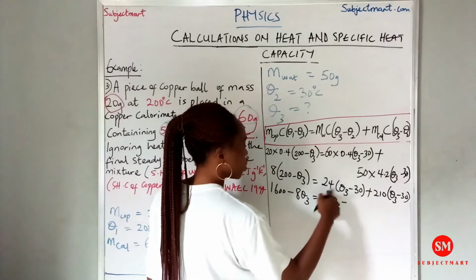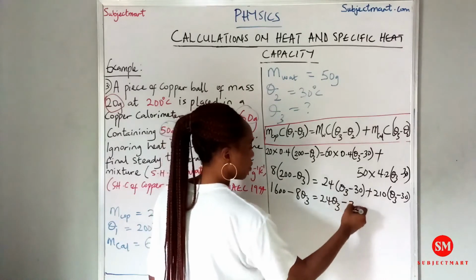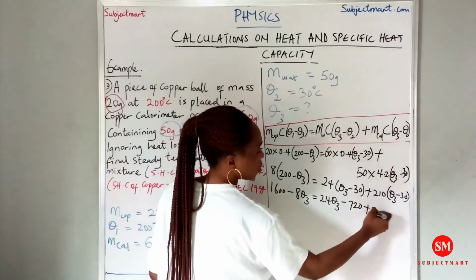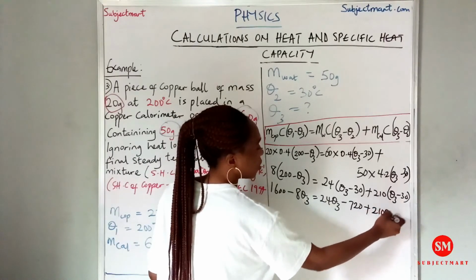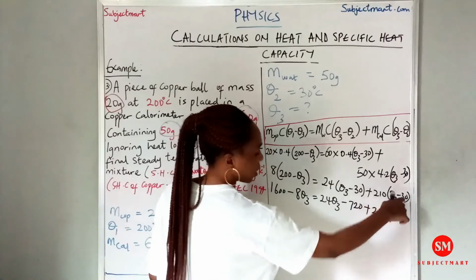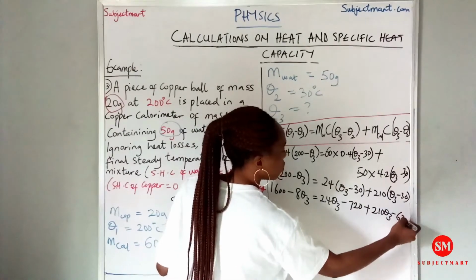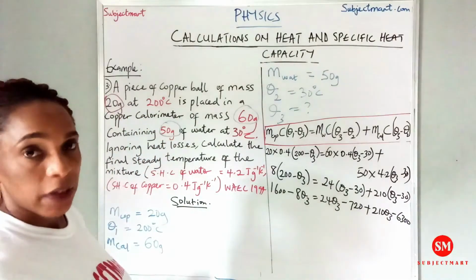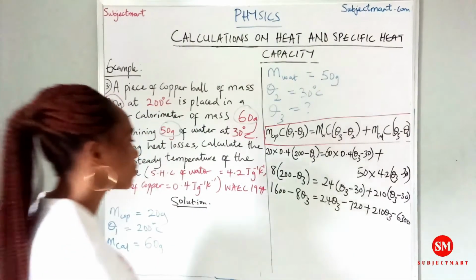24 theta 3 minus 24 times 30, that's 720, plus 210 times this, 210 theta 3 minus 210 times 30, that's 6300. I believe that is very clear.